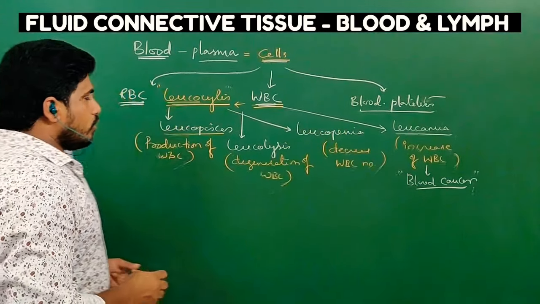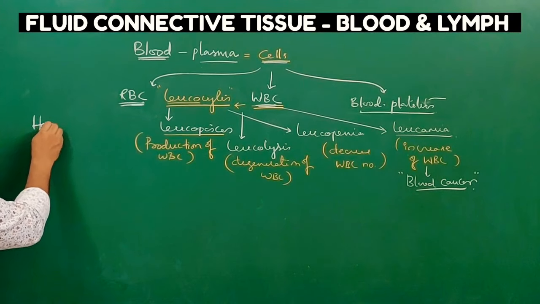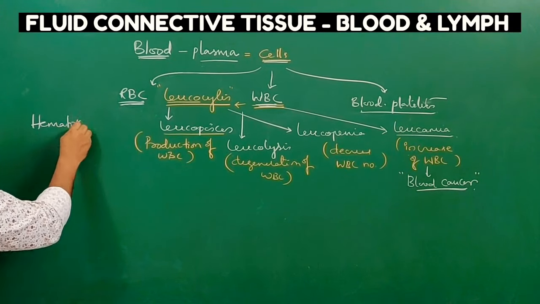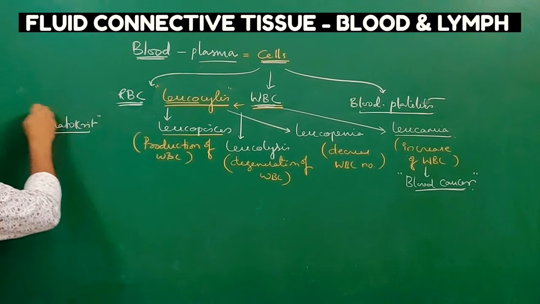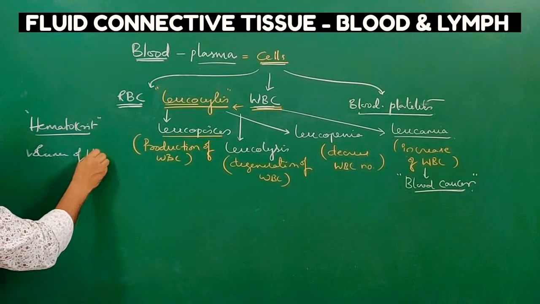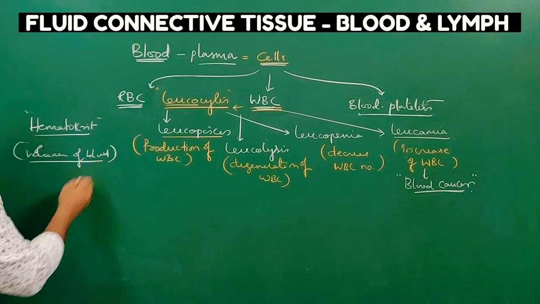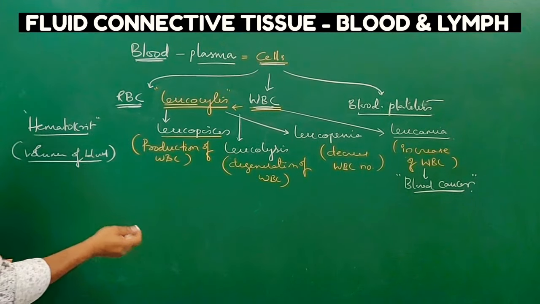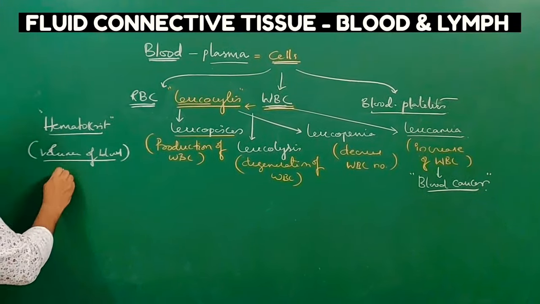Generally, hematocrit is the term given for the entire volume of blood. The maximum amount of blood is occupied by the cells called RBC. That's why the amount of RBC is also called hematocrit.